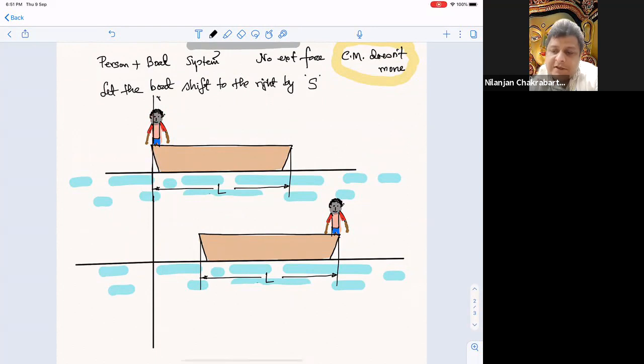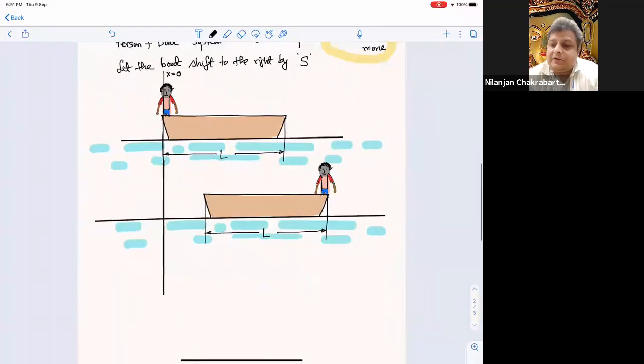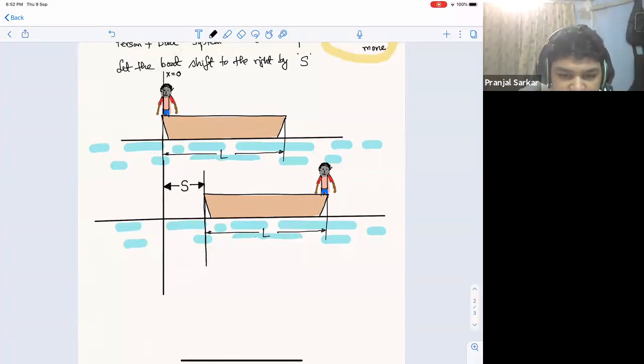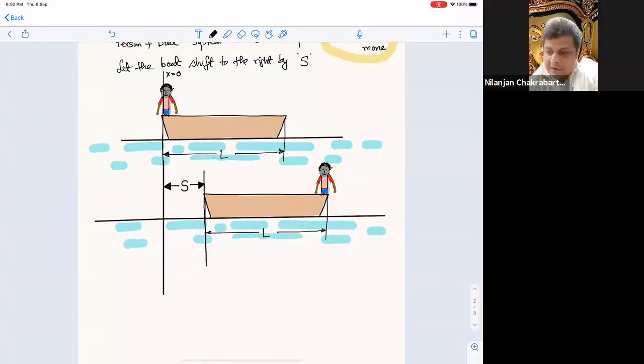I will consider this line as x equal to 0. I let the boat shift by s to the right. So this distance is a. Boat shifts to the right by s. The person has gone by L and the boat by s, that is, a total of L plus s.